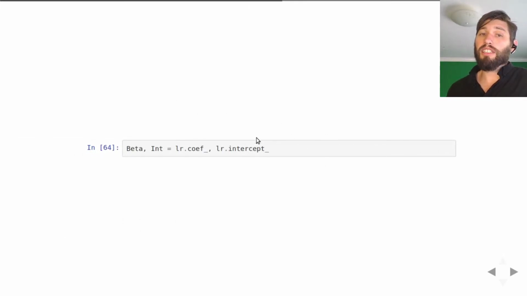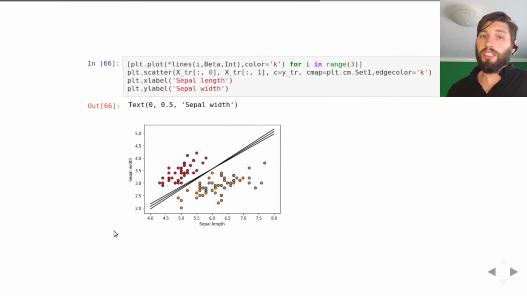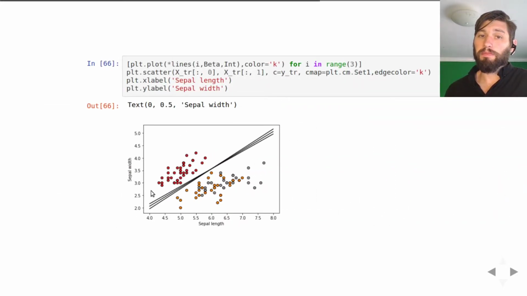So I'm going to extract the beta coefficients. These coefficients, it's a 3x2 matrix because there's 3 different classes, and so it gives me 3 different betas. And for some reason, the logistic model here is going to also fit a beta for the 0th component, but it won't change anything in terms of our prediction, and also the intercepts. And then I'm going to draw a line. This is just a quick def I wrote to draw a line for the decision boundary.